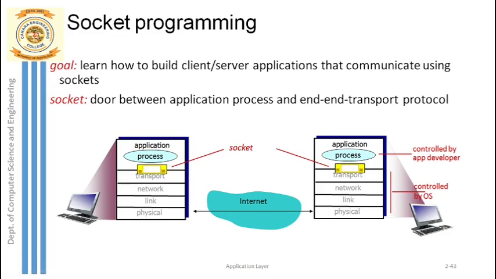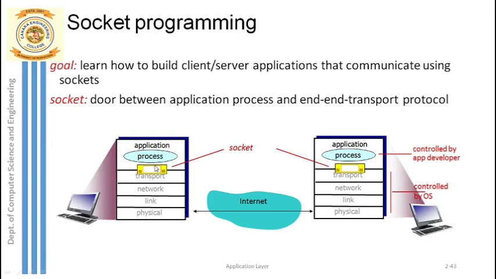Okay, did you all understand how messages are transferred? Messages are always transferred only through the socket. Without a socket, a message cannot enter or leave your application layer, or in other words, cannot be delivered from one system to the other system.